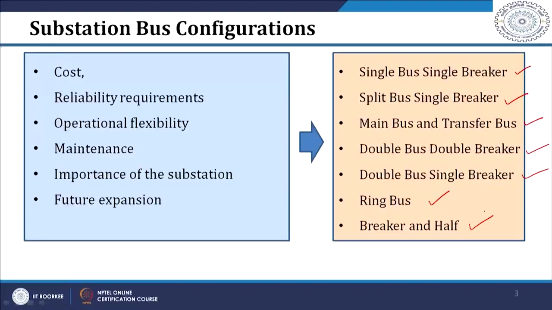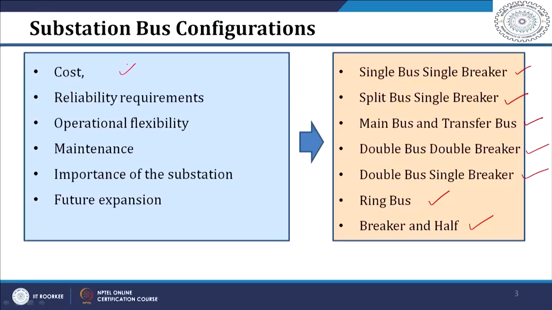The different reasons to choose different arrangements or different configurations are listed here. The first reason is cost, because the cost of the different layouts or configurations which are listed here are different.